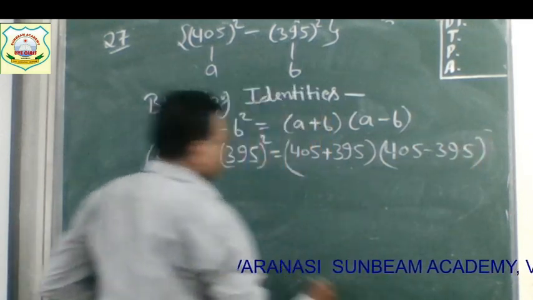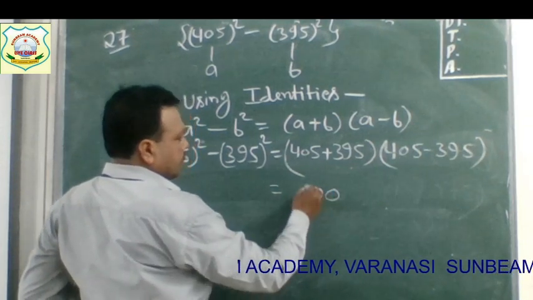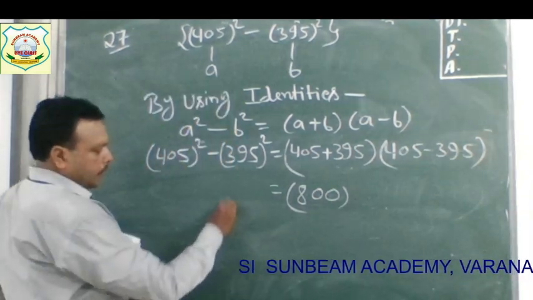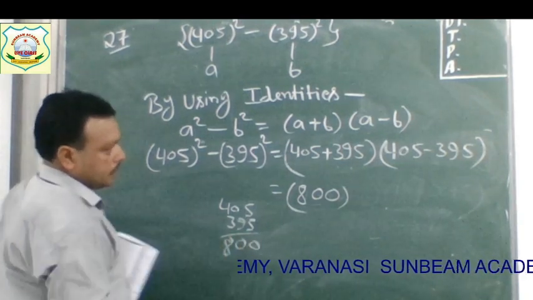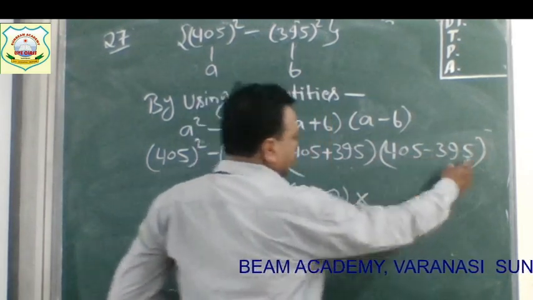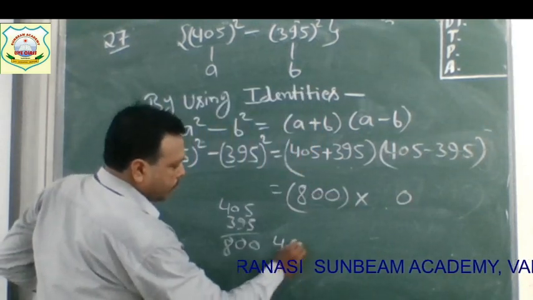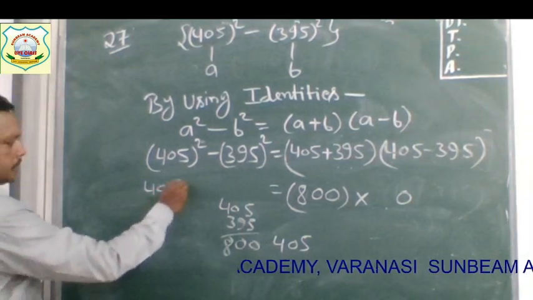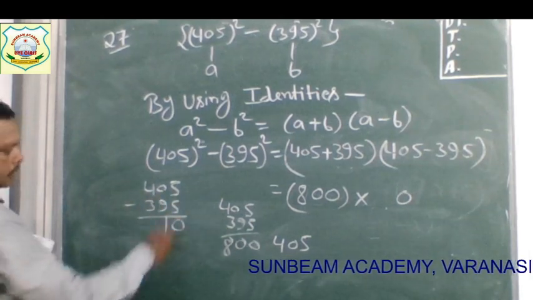Students, when you add 405 plus 395: 5 plus 5 is 10, 9 plus 1 is 10, 4 plus 3 plus 1 is 8, so 800. Then 405 minus 395: 5 minus 5 is 0, 10 minus 9 is 1, so only 10 will come.